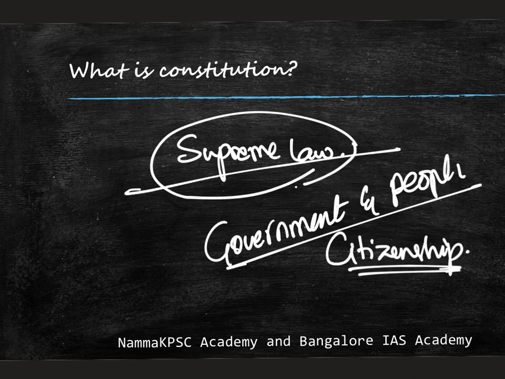It is the organic document of the country setting out the framework and the principal functions of the various organs of the government. It prescribes the extent of the sovereign power of various organs of the government and the manner in which they can exercise it. Now, if we take, for example, the Prime Minister, the Constitution defines the power of the Prime Minister.